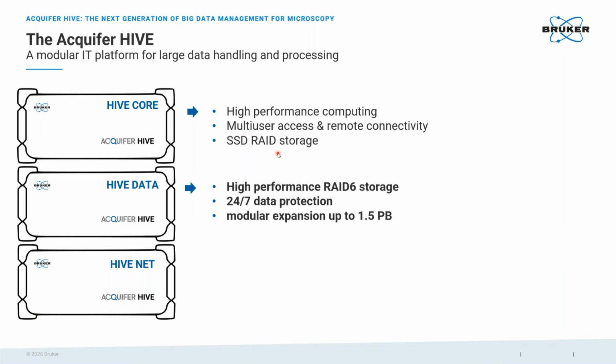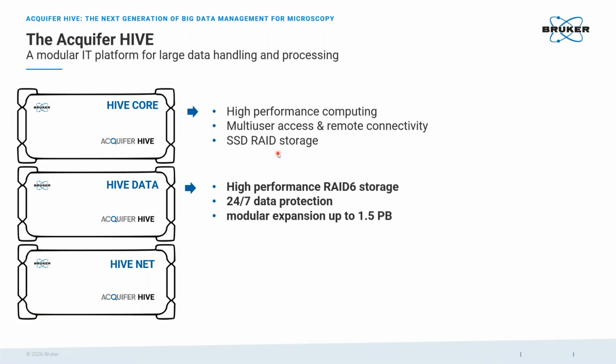Individual data modules come in sizes between 100 and 300 terabytes. It's designed for 24/7 data protection, and you can add multiple of these data modules to an individual Hive, so you can modularly expand your Hive to up to 1.5 petabytes.